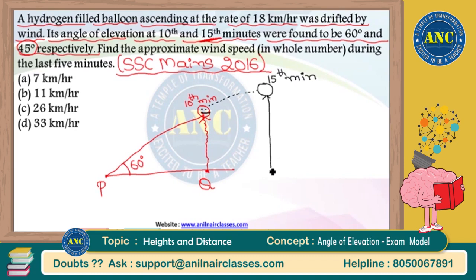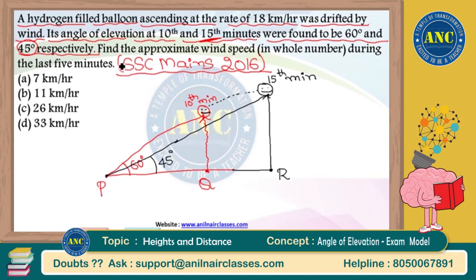If I take it from the level ground like this, let me call the point on the ground R. The angle of elevation at the 15th minute of the balloon from this point P is given in the question as 45 degrees. That means if the person sees this balloon at the 15th minute, the angle of elevation is 45 degrees. I hope the idea is very clear for you people.